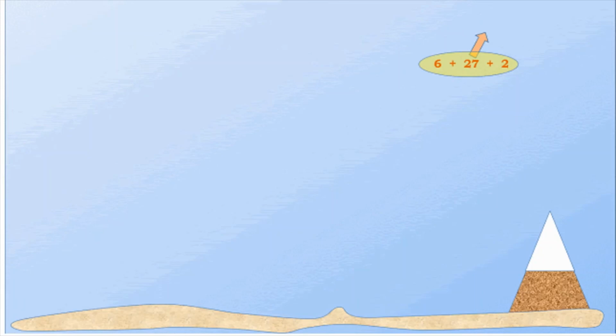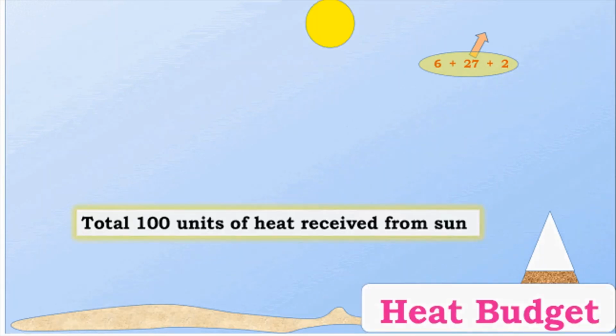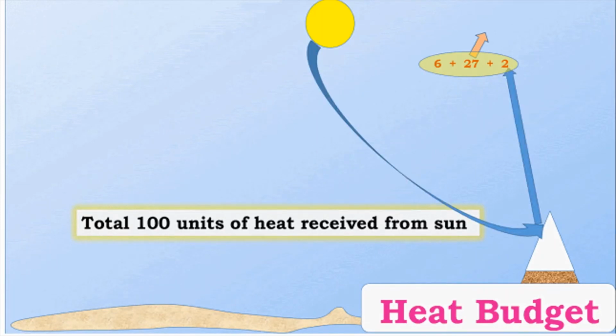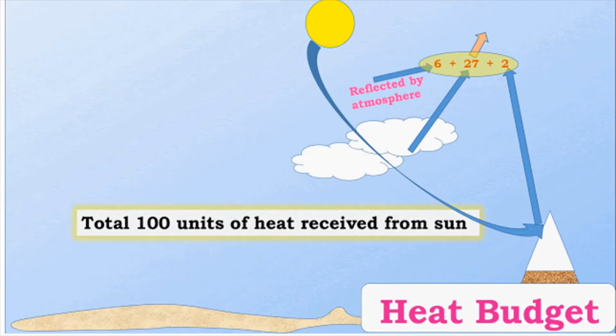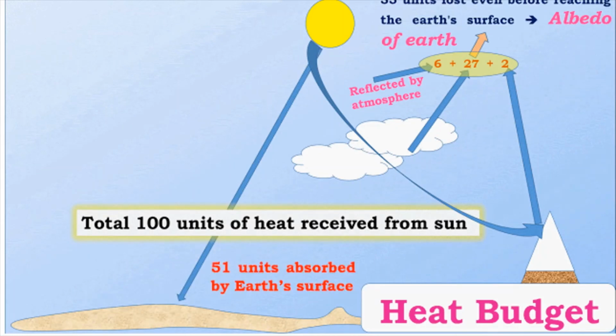Let's see how the heat balance should be. Whatever the amount of energy is coming onto the earth, if it is not reflected back, in a few years or in 100 years, it will change into a fireball. If all the heat is reflected back, then what happens?